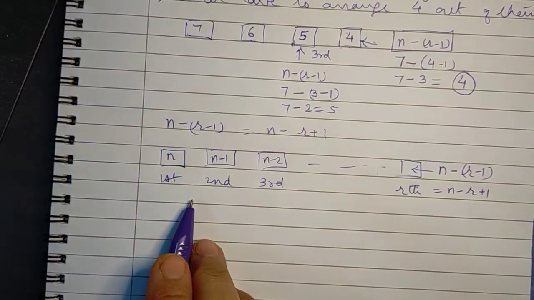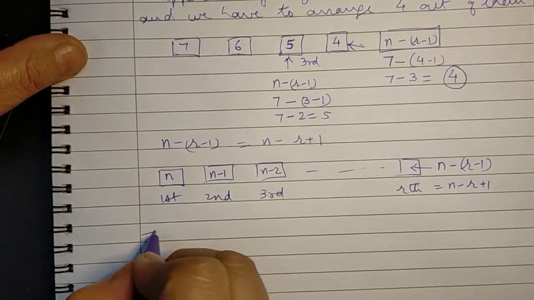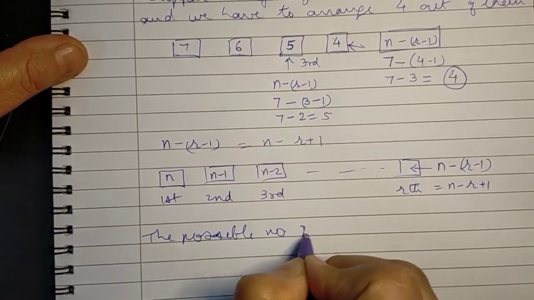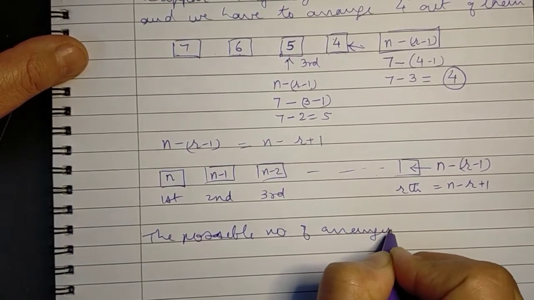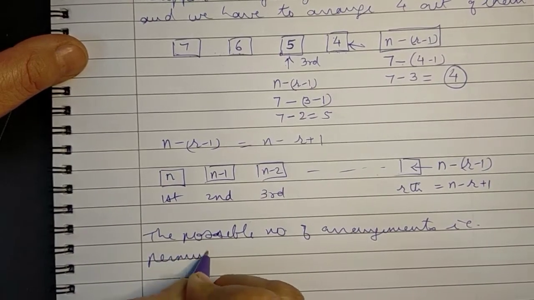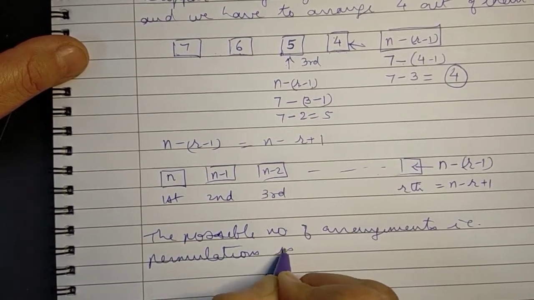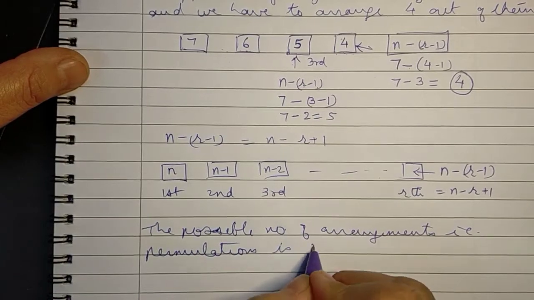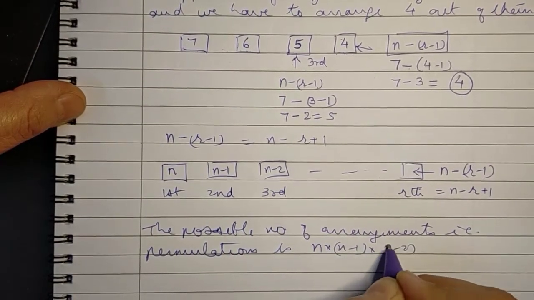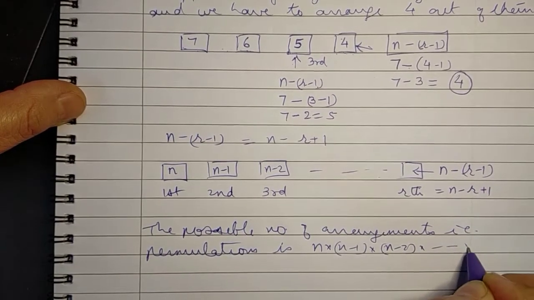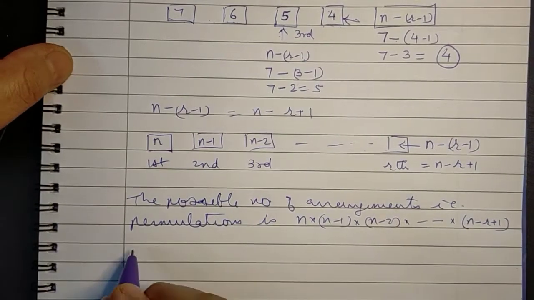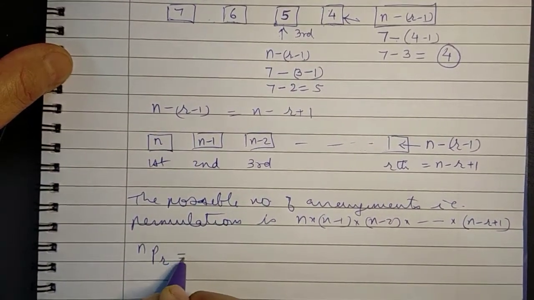And then going by the fundamental principle of counting, the possible number of arrangements, that is permutations, is n into n minus 1 into n minus 2 into, going in this manner, n minus r plus 1, and this we write as nPr.